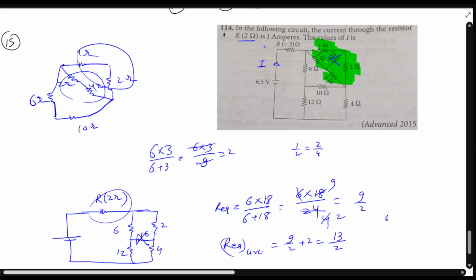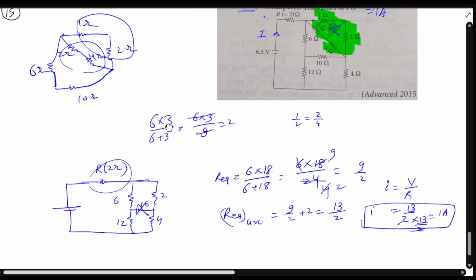Okay, so the current will be V by R. So V is 6.5. So 6.5 is 13 by 2, and this is 13 by 2. So it will be 1 ampere. Okay, again, quite an easy question. We have to just check if it is Wheatstone or not. So it was Wheatstone, and then we get the answer.